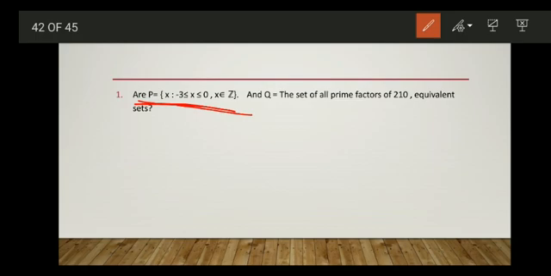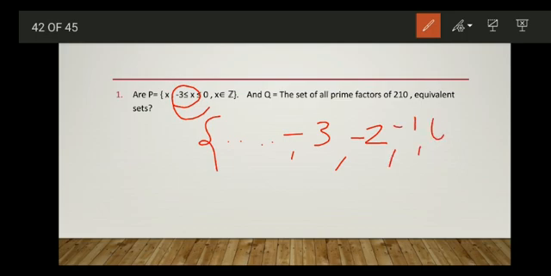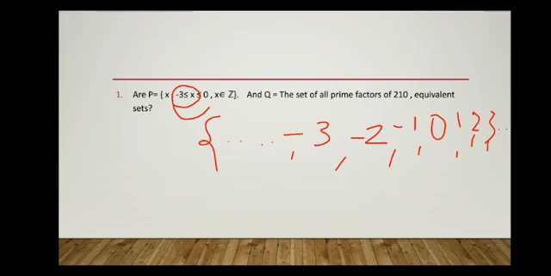So when you take integers, it will be etc., minus 3. Since we have to consider minus 3, I am writing from minus 3. Next will be minus 1, 0, 1, 2, 3, etc. Close the set bracket.